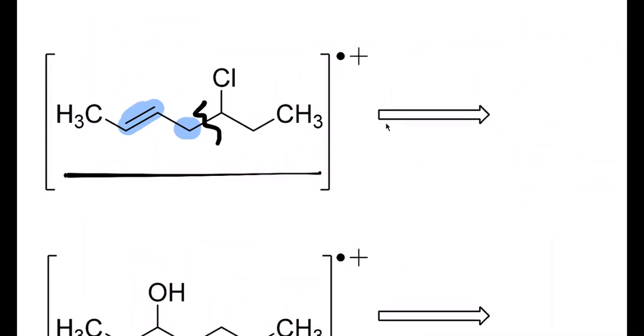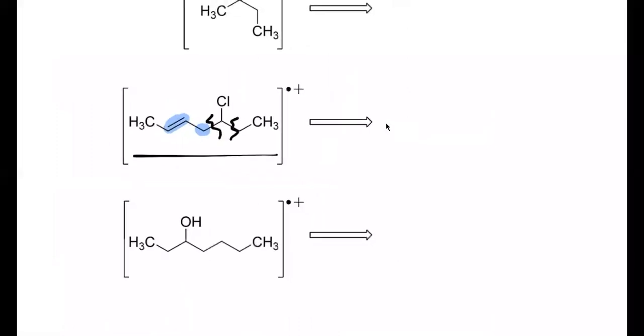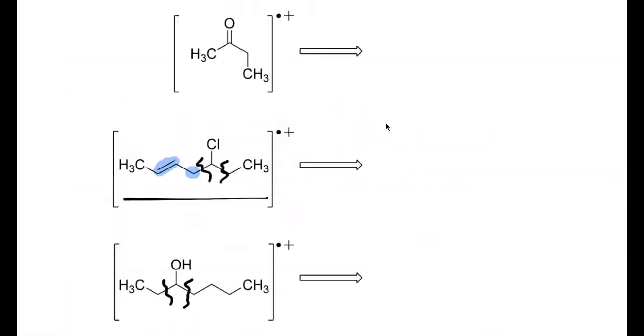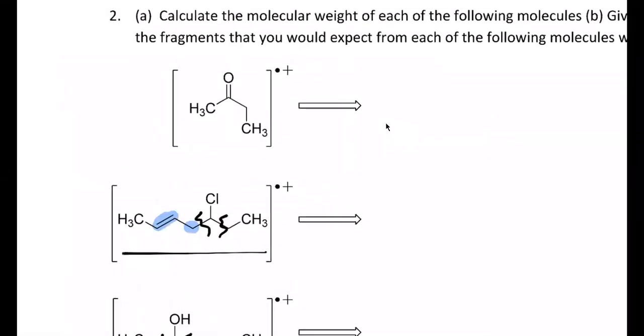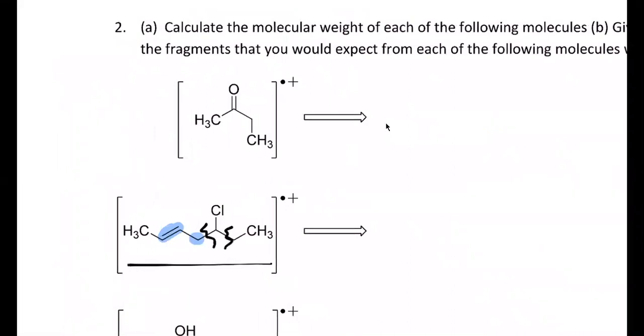Or you can think about it being alpha cleavage to the halogen. Either way, it's going to break it there and there. And the same thing for the alcohol. And up here for the carbonyl, same thing. Gonna cleave alpha for the ketone.